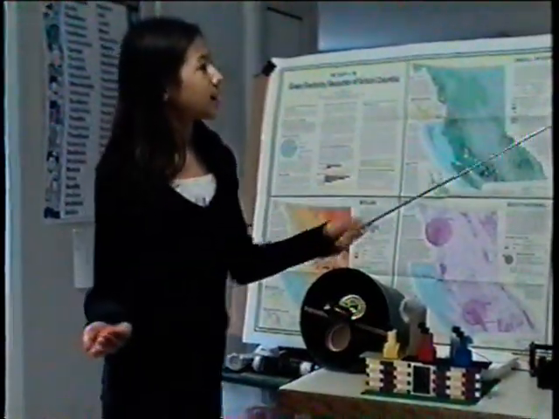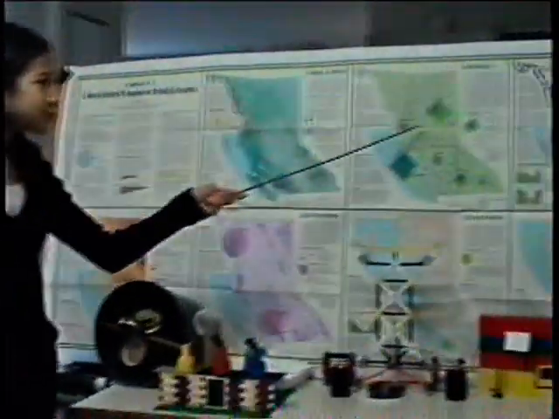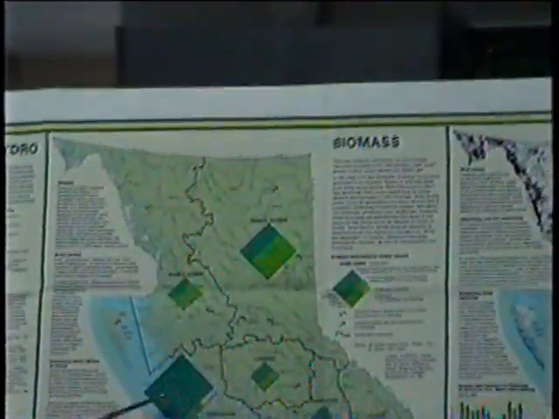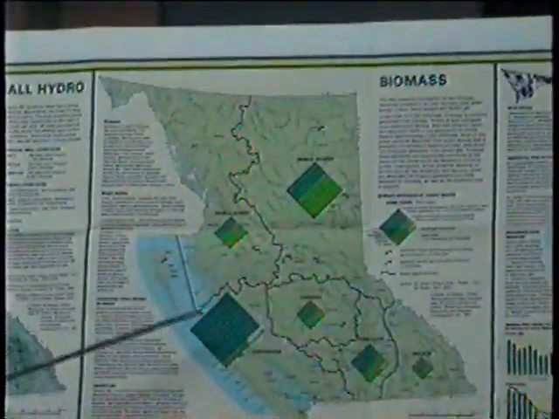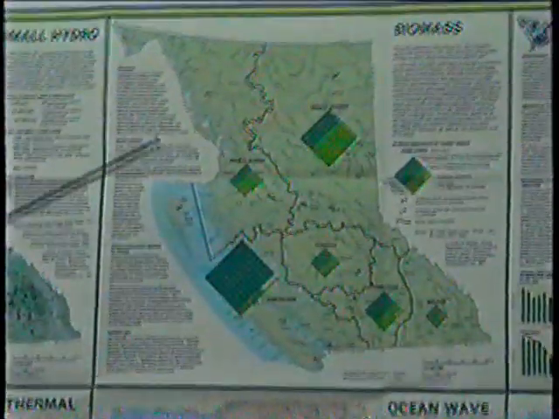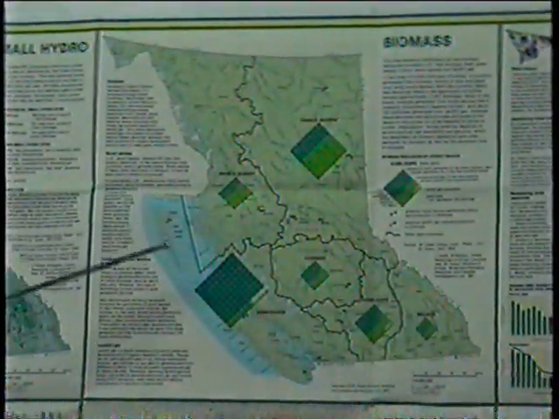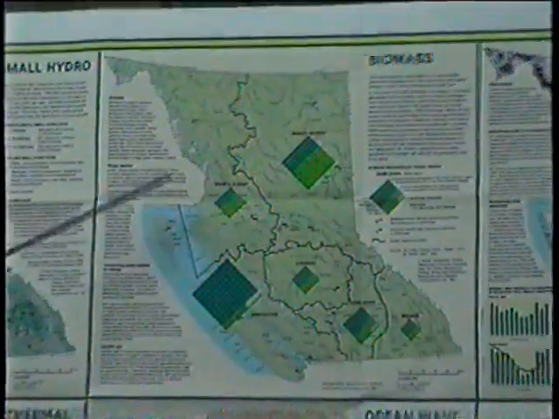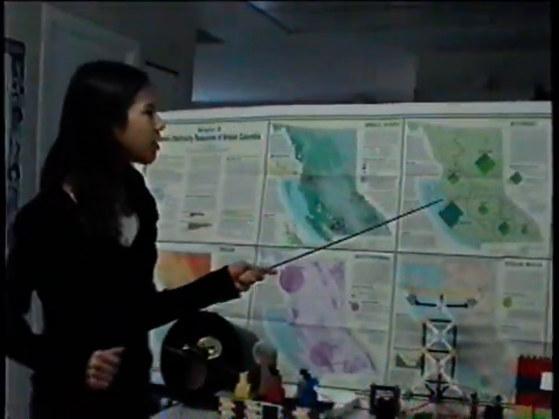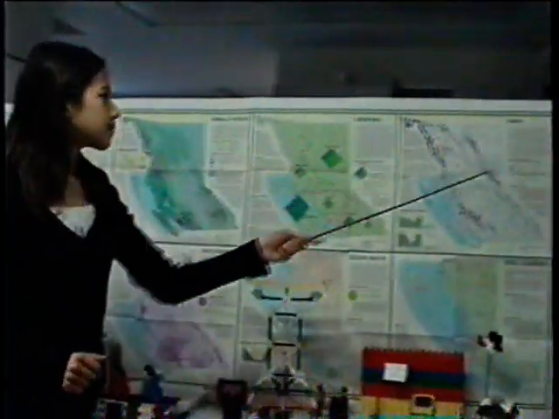For instance, one that's quite different is biomass. So biomass is good because it takes the wastes from the forestry industry and doesn't produce much waste itself. However, it's not very strong, and it's still being experimented with now, so we're not quite sure about that one yet. Another different one as well is wind.